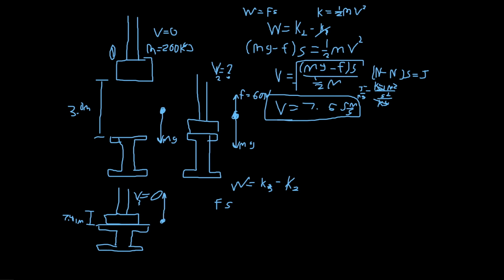And let's draw our free body diagram so we can know the net force acting on this object. So we have the normal force, which is pushing back up. That's what we're looking for. We have gravity, which is the weight pulling down. And then we have the friction force of the I-beam, which is from the impact.